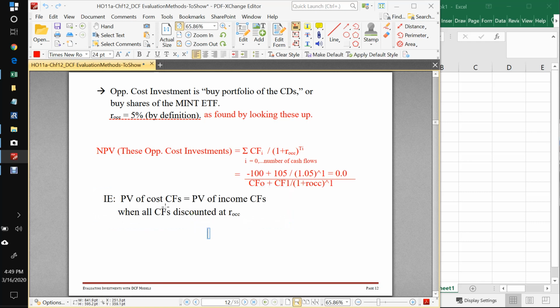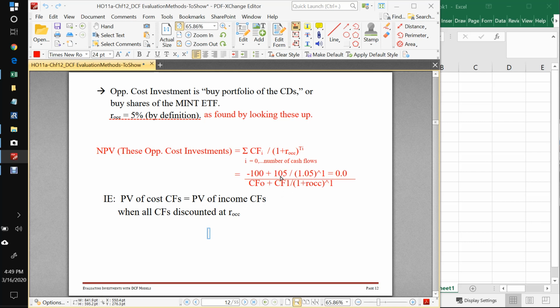With the algebra done and the numbers plugged in, the present value of the cost, that would be the minus 100 to buy the portfolio of CDs right now at 100, is equal to the present value of our income cash flows, the cash flows where we get money back.